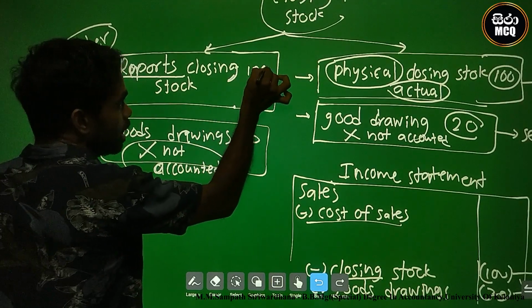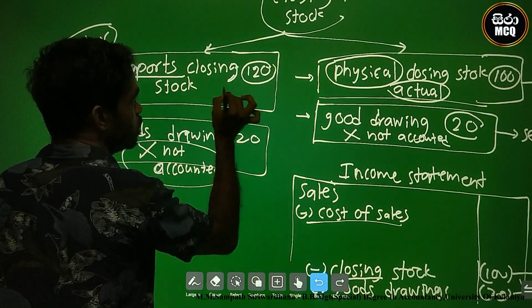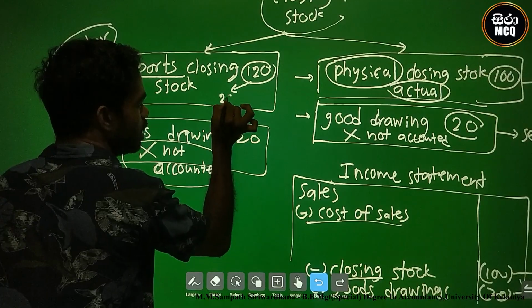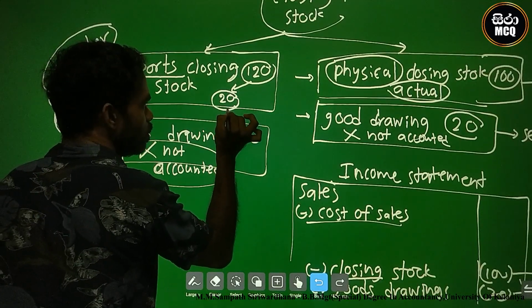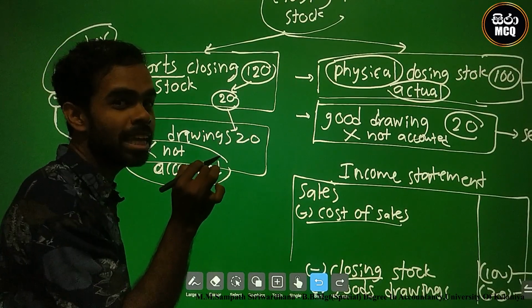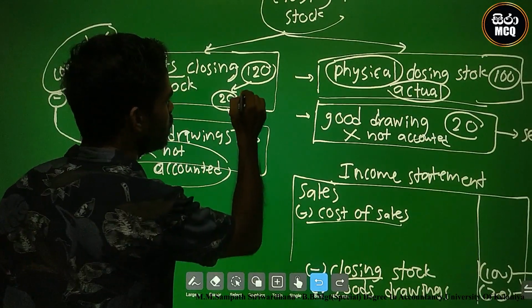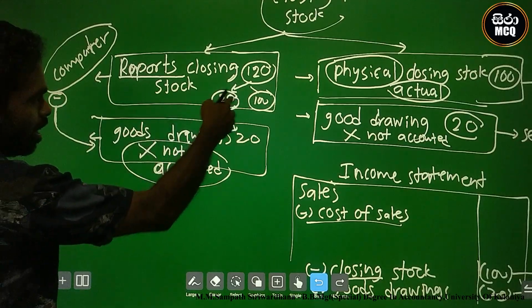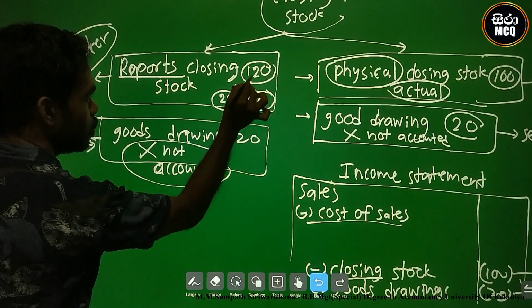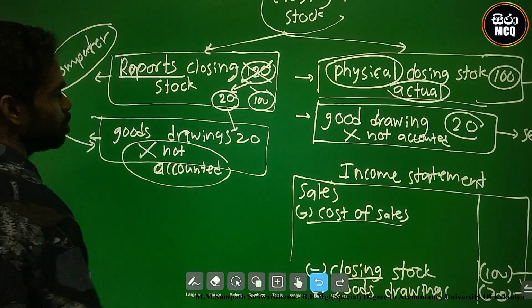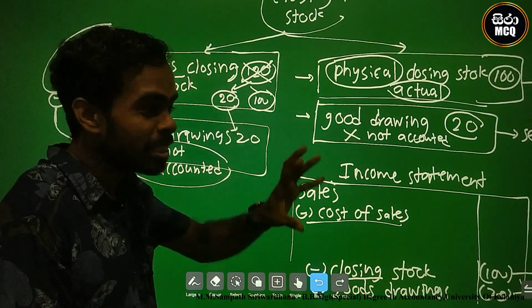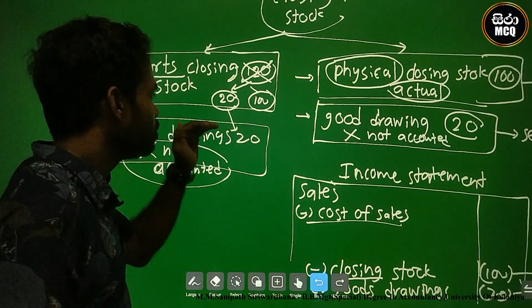Therefore, we cannot use it as the actual stock. Why? There are 20 drawings. With the 20 drawings, the actual remaining stock is 100. Look here, 100 is the actual one, not 120. The closing stock is 100. Why?